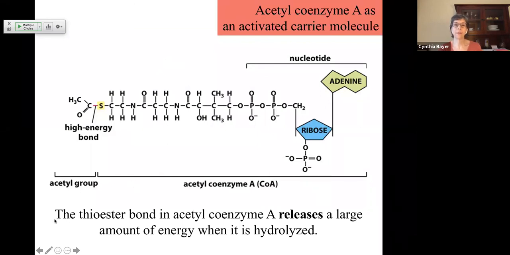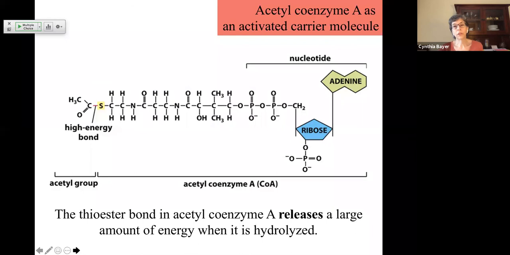So we have ATP, high energy molecule. We have reduced electron carriers, NADH. We have acetyl coenzyme A. All of these are helping to move this reaction forward, this catabolic reaction of breaking down a sugar molecule and generating a large amount of ATP for the cell.